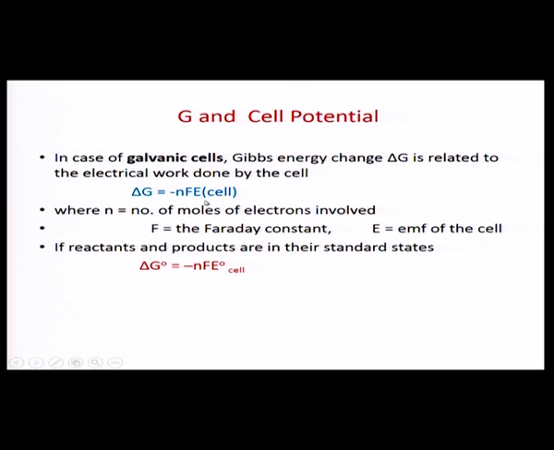If the E value is negative, then the reaction is not spontaneous. This also clearly says that if the E value is positive, the delta G value will be more negative, and the reaction will take place spontaneously.